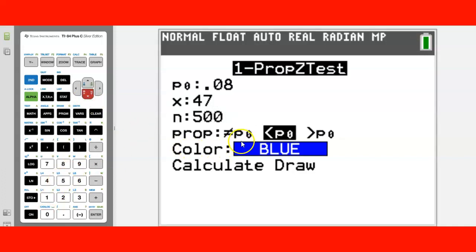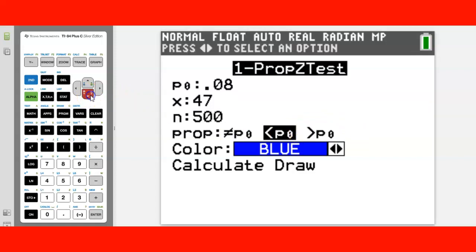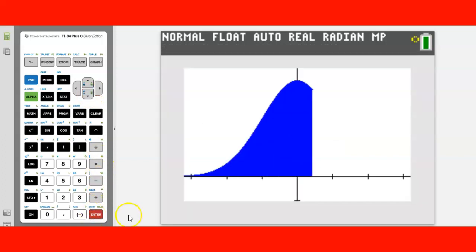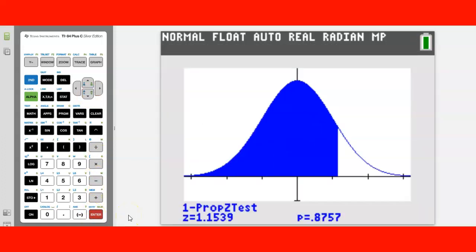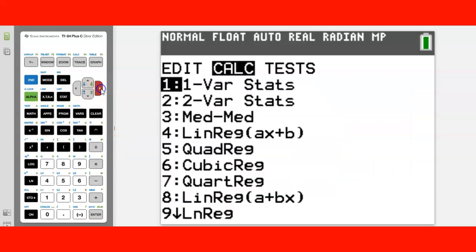Now, this time, I'm not suspicious that my true proportion is something different than 8%. I'm not suspicious that my proportion is something less than 8%. I'm suspicious that the true proportion is something greater than 8%. And so, I asked my calculator to draw the picture, and it says, oops, what happened?